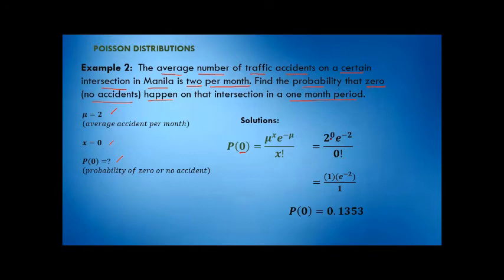I-simplify lang natin. 2 raised to 0 is 1, times constant e raised to negative 2 all over 1, kasi 0 factorial is 1. So, direct input tayo sa calculator. Ang sagot dyan is 0.1356. So, this is the answer for the probability of 0 or no accidents happen on that intersection in 1-month period.